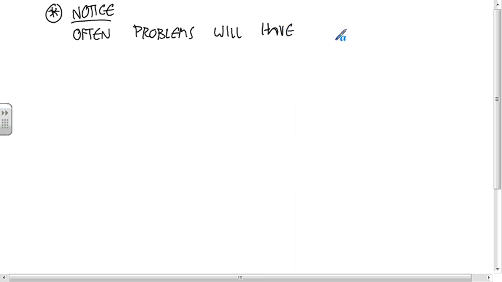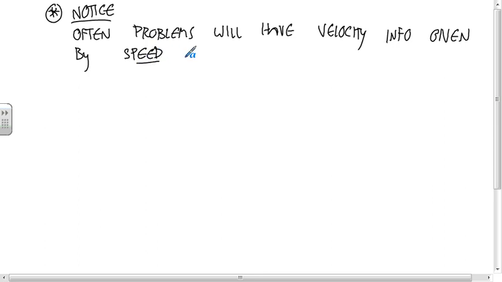Here's another thing to notice about the problems that we're going to do. Often, problems will have velocity information given by a speed and an angle.